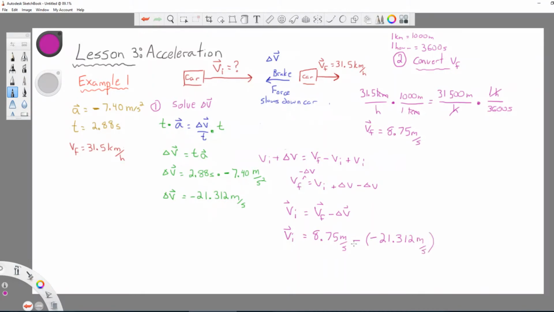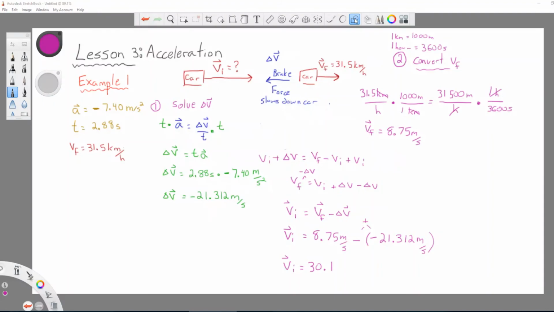Well, a negative of a minus essentially turns this into a plus symbol. So we're going to be adding these values together. So VI is equal to, I get 30.1 meters per second. And I rounded off my sig figs here. So 30.1 meters per second.